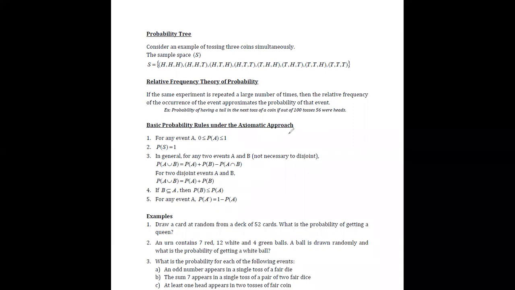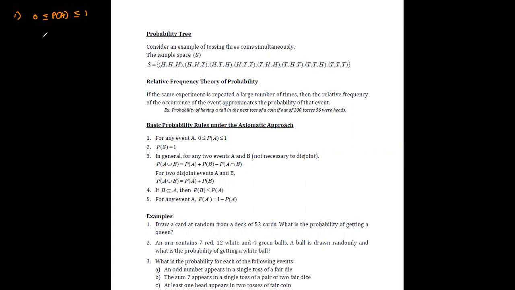If an event is given as A, then the probability of this event should be less than or equal to 1 and greater than or equal to 0.